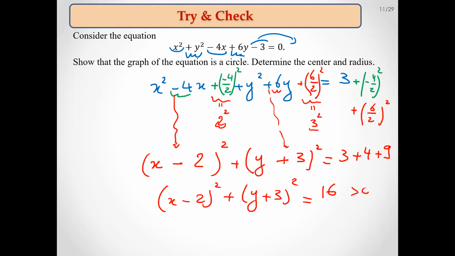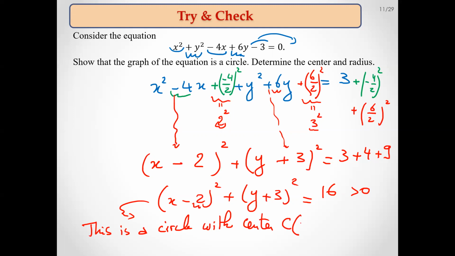The right side is positive, so this is a circle with a center C with coordinates 2 and negative 3 and radius r equals root of 16 اللي هي 4. Okay, this technique is called completing the square.